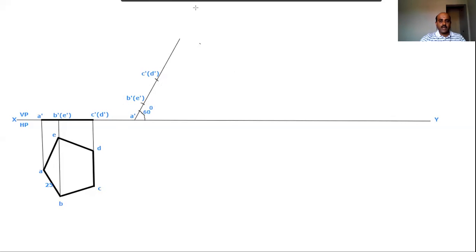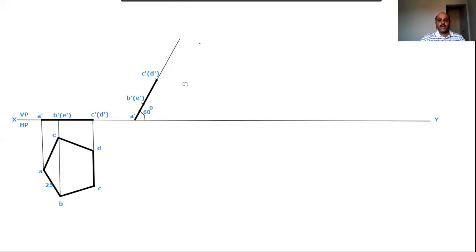Now you can draw the line from A dash to D dash. You have to draw the rest of the figure. Okay. So now this is the completion of the front view, which satisfies the condition that the lamina is resting on the corner on HP and the surface of the lamina is inclined to HP at 60 degrees.